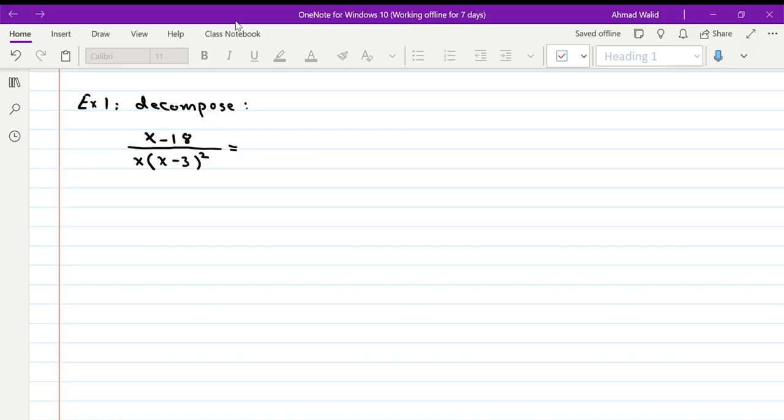How many fractions do I need? Let me show you a technique. You have x times x minus 3 squared. How to know how many fractions you need? Add these exponents. Here you have x to the power of 1. Here your parentheses has to the power of 2. 1 plus 2 gives you 3.